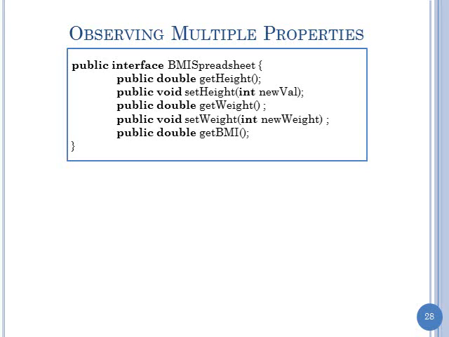So what method is called in that case? So I have one update method that takes 2 parameters, old value, new value, and both set height and set weight call the same method. If they did, how does the observer know which one changed?